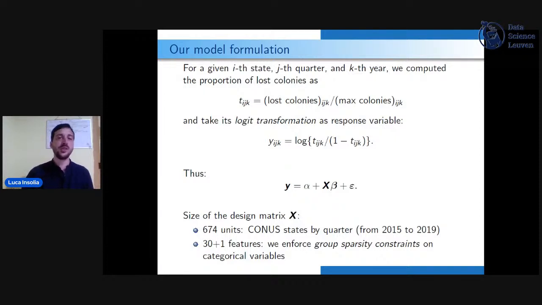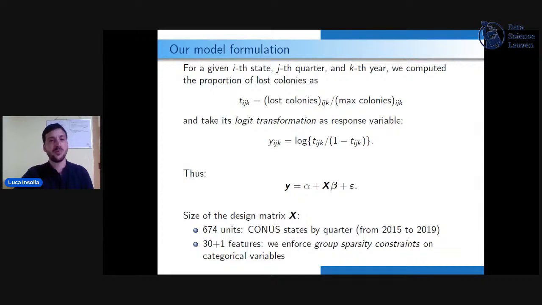So what we did is that for each state, quarter, and year, we compute the proportion of lost colonies and take its logit transformation. So the underlying model is now assumed to be linear, and the design matrix encompasses several types of stressors and control variables.